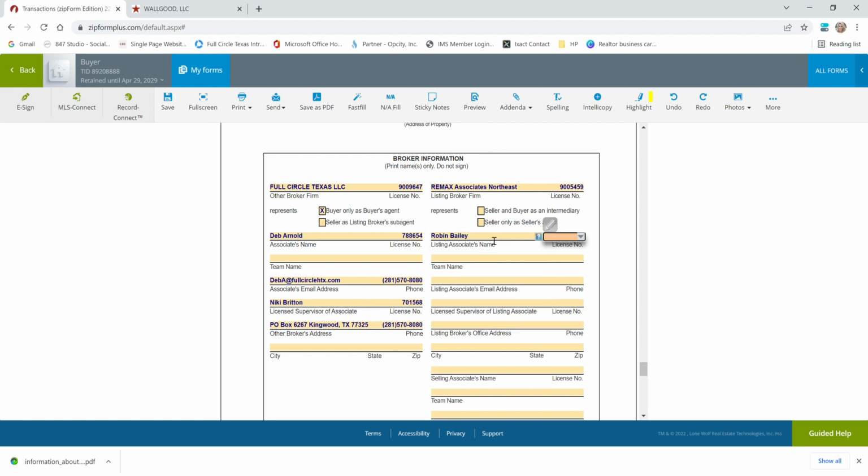We know that her license number is 488910. We know that her email is robinbailey29@yahoo.com. We know that her phone number is 281-358-8888. Licensed supervisor, it didn't say. Broker's address.